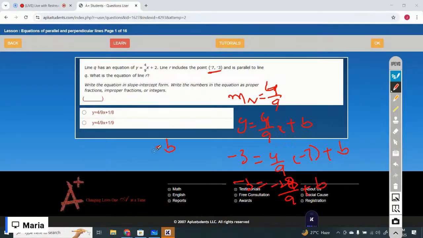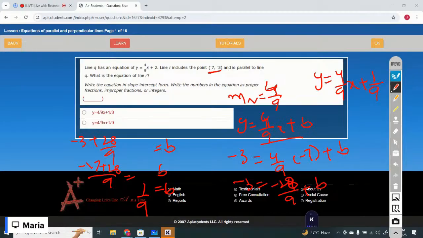So b equals -3 plus 28 over 9, which is -27 plus 28 over 9. So b equals 1 over 9. So the equation is y equals 4 over 9x plus 1 over 9.